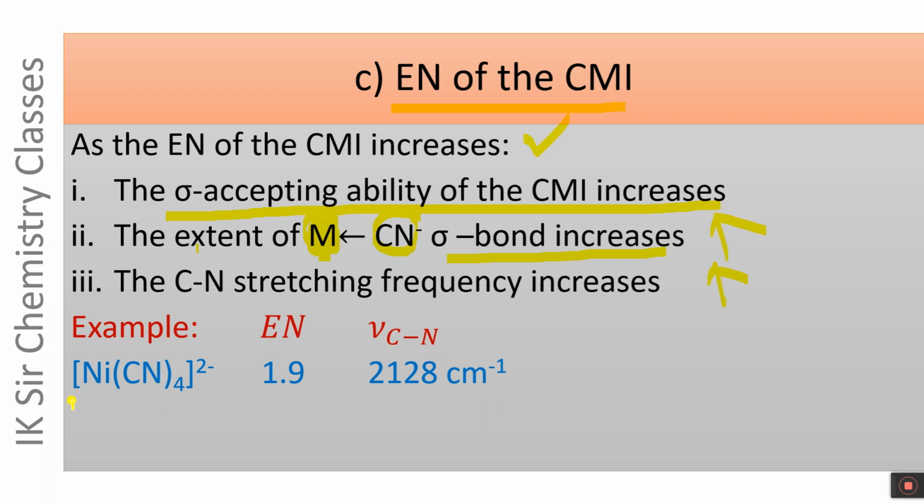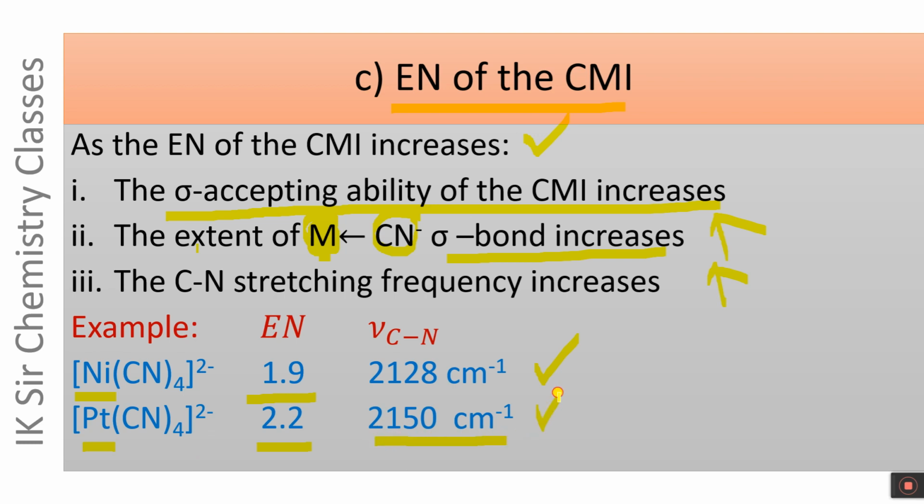In this complex ion, the electronegativity of nickel is 1.9 and CN stretching frequency is 2128 centimeter inverse. In another complex of platinum, its electronegativity is 2.2 and CN stretching frequency is 2150 centimeter inverse. The electronegativity of the CMI has increased from 1.9 to 2.2.